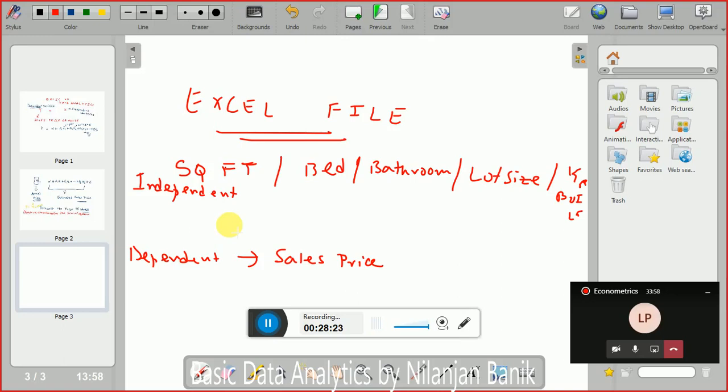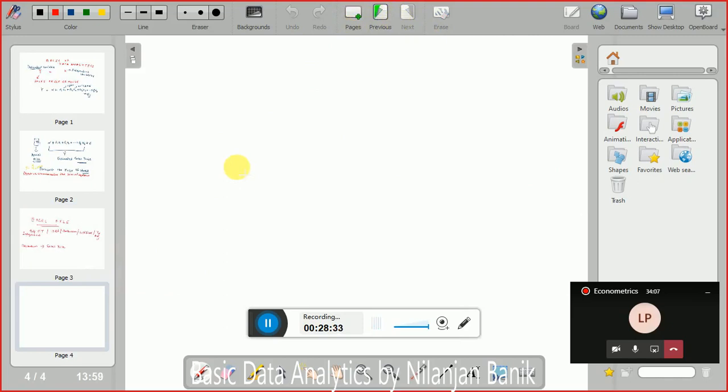In the process, we also made some more assumptions. Whenever we do data analytics, please understand that the sense of data analysis is to forecast on the basis of my independent variables.